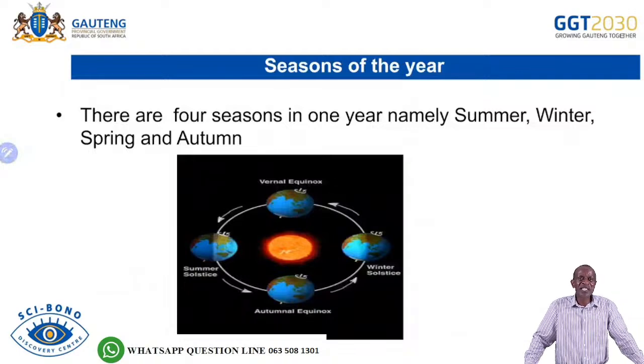And in the northern hemisphere, you'll have the opposite, which is your winter solstice, which means that at that particular time of the season, you'll have very long night and very short days. And the same kind of happening does happen also in autumn and in spring.